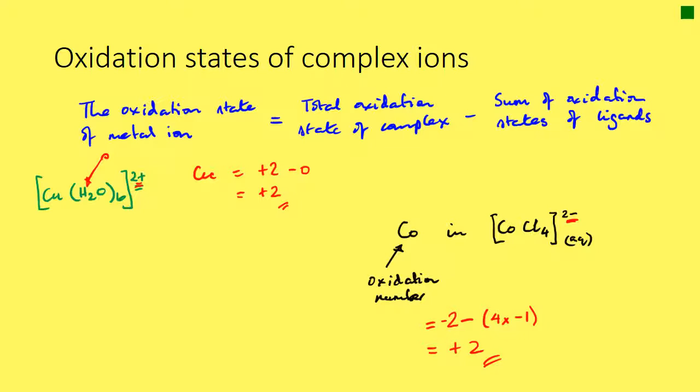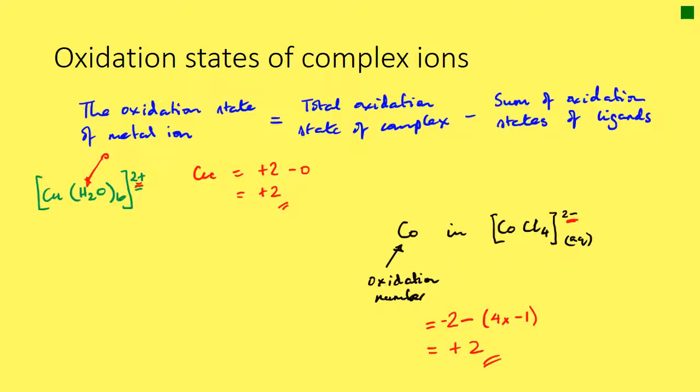Okay, so we have oxidation state of copper equals 2+ minus 0. So our oxidation state of our copper is 2+. Okay, that's the first example.